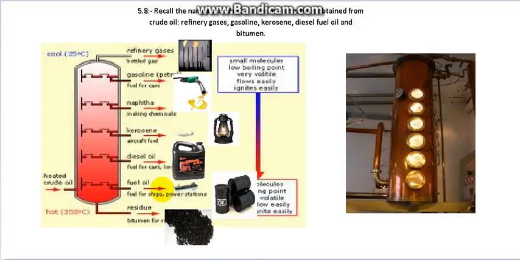Now, bitumen is used for roads, and it is used for lubricating oils and related. It is black, and as you could see, it's kind of crumbly. It's mixed with small pebbles and rocks to make the roads. And on the right here, you could see a real life example of fractional distillation.